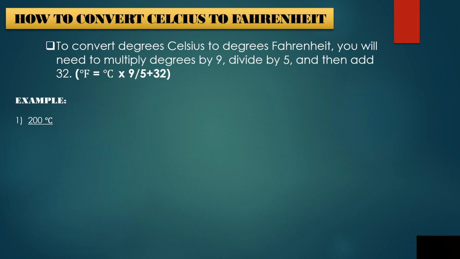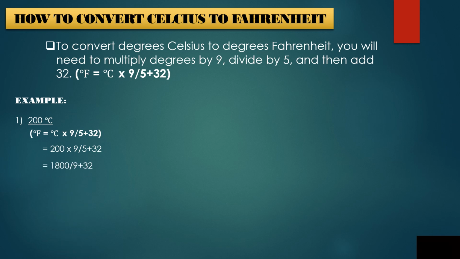Okay, so 200 degrees centigrade. Yung formula natin is degrees Fahrenheit equals degrees centigrade times 9 divided by 5 plus 32. So, yung degrees centigrade natin is 200. Ita-times natin siya sa 9 and then divide by 5 plus 32.